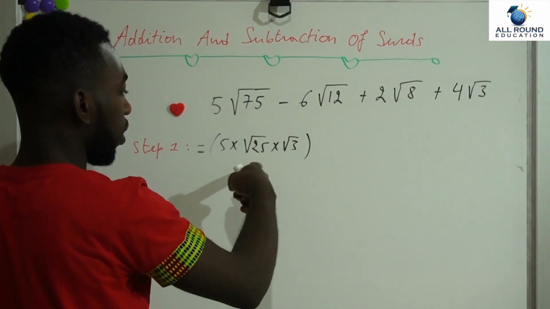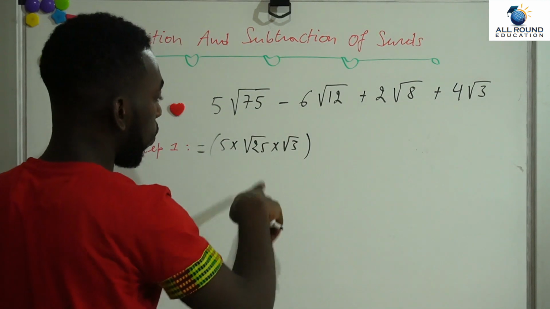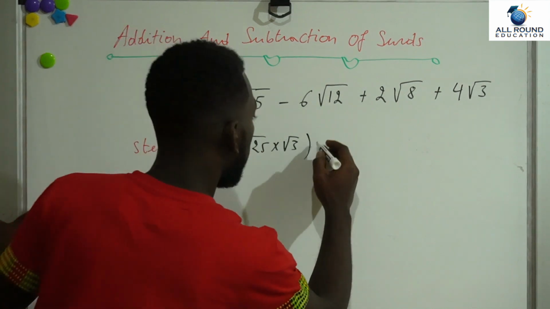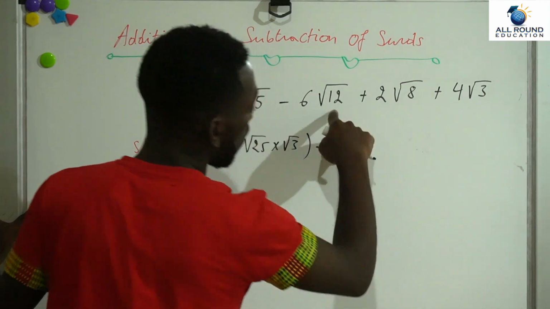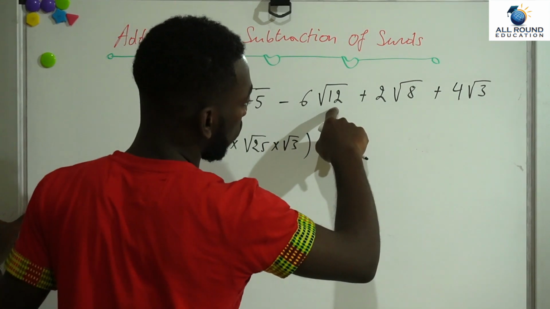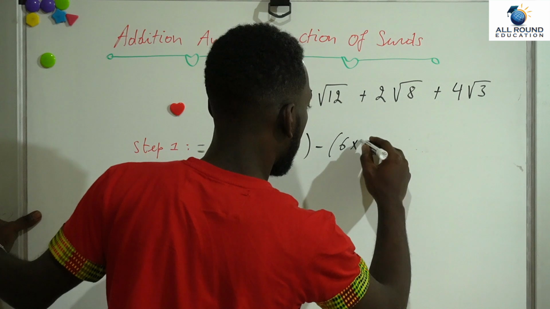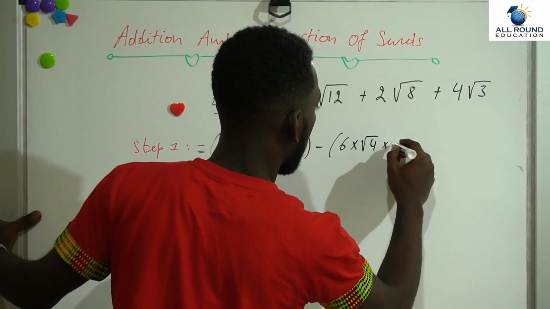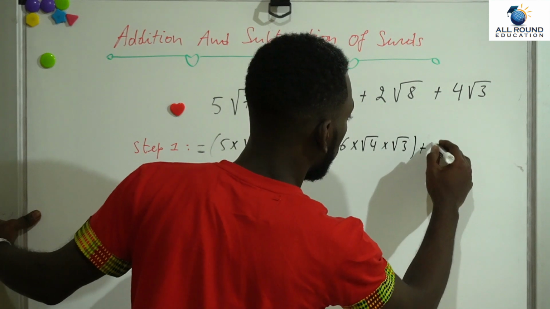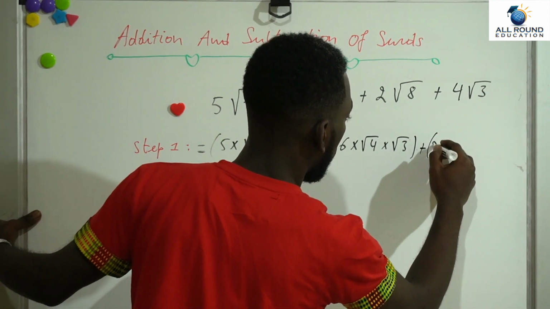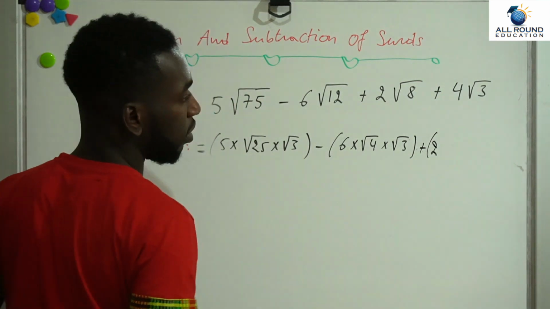So we are not changing anything here, we're just breaking it down into two parts, one being the highest perfect square. If we do the same here, we have 6 times the square root of 4 times 3, because the highest perfect square that could divide 12 is 4. The next one we have is 2 square root of 8. How do you simplify 8? Same rules.